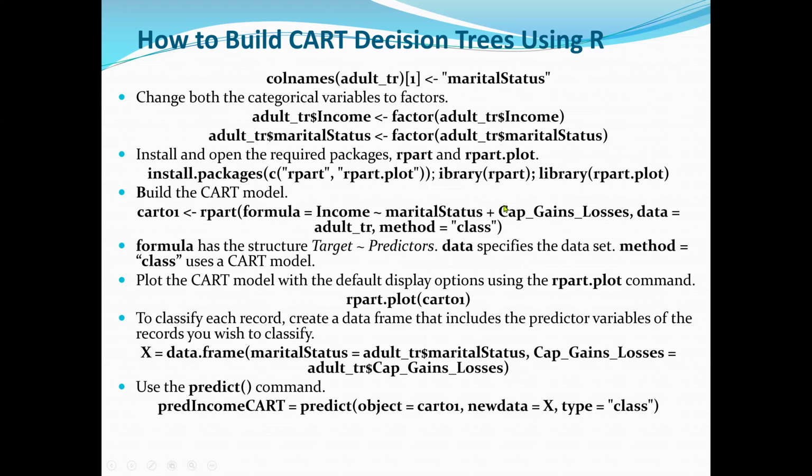And the data input will specify which data set the variables are coming from. So we saw the data input, data equal to a.tr. Again, the data input specifies which data set the variables are coming from.